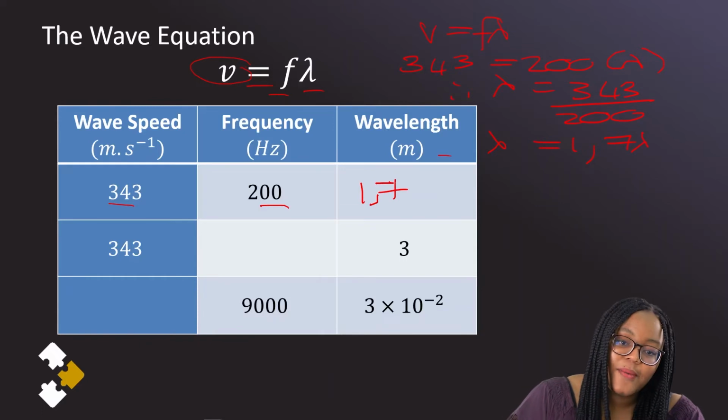Let's do another example where we don't know the frequency, but we have wavelength and wave speed.